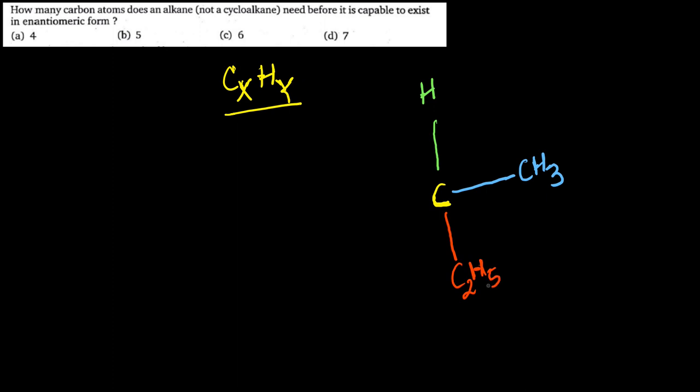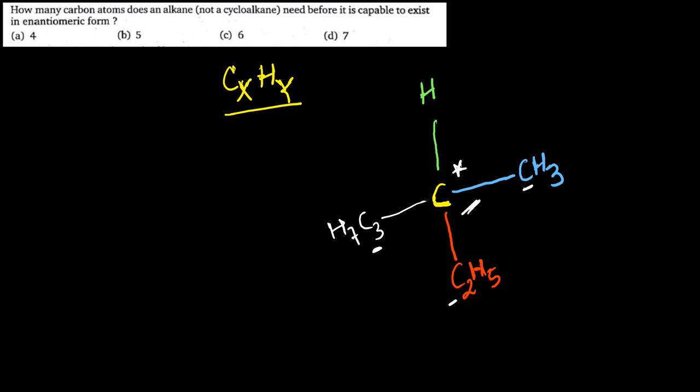And the fourth group it may be connected to is C3H7. So now students, as these groups have different numbers of carbon atoms, they are definitely different, and this carbon will become a chiral center. And now it will exist in 2 enantiomeric forms.